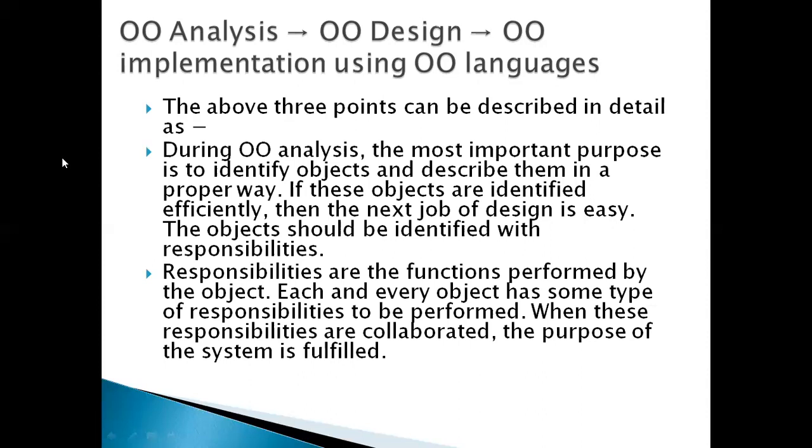If these objects are identified efficiently, then the next job, design, is easy. The objects should be identified with their responsibilities. Responsibilities are the functions performed by the object. Each and every object has some type of responsibility to be performed. When these responsibilities are collaborated, the purpose of the system is fulfilled.